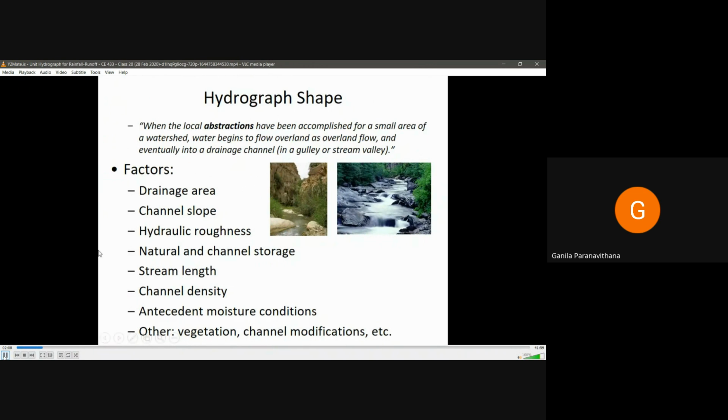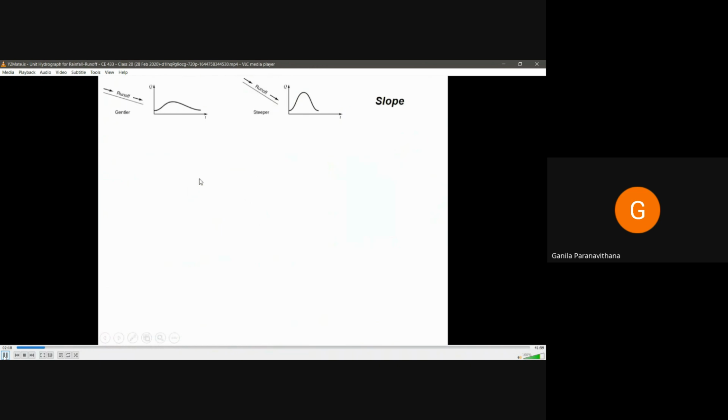And there are a lot of factors that influence how high the peak is or how wide the peak is on a hydrograph, and we'll go over some of these individually today. If you compare the effect of slope, what you'll see is that on relatively gentle slopes where it's flat, the hydrograph shape is more spread out.